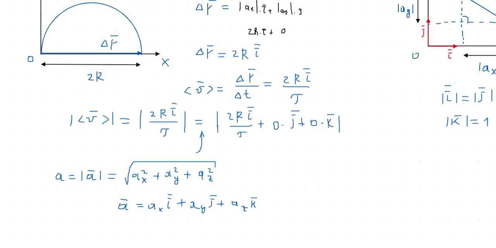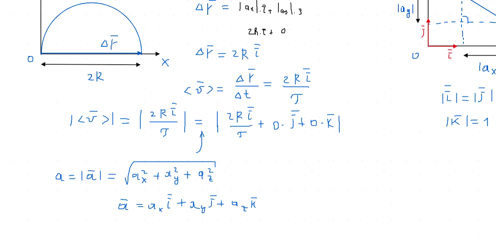So what is the tau value in this example? Is it 2r? Tau is time. Okay, time, but how can we find the time? It is known from the condition.